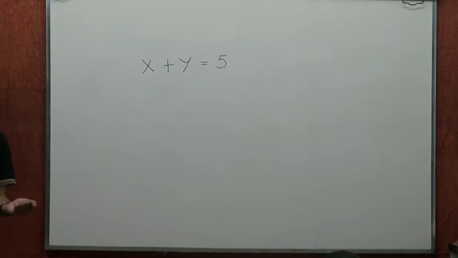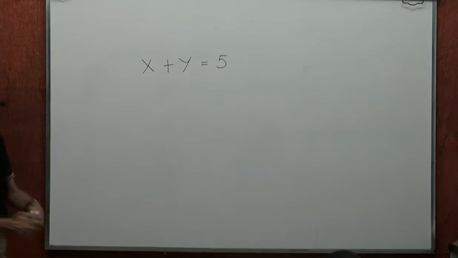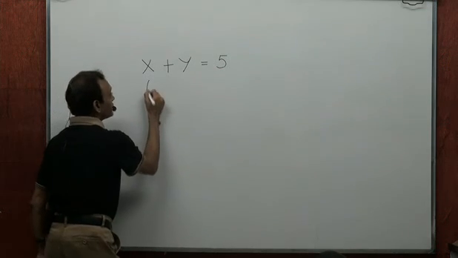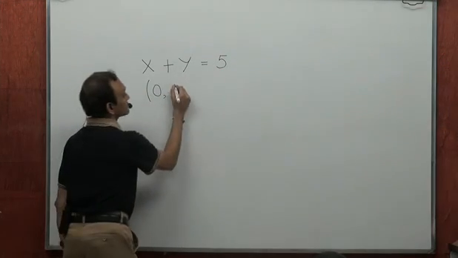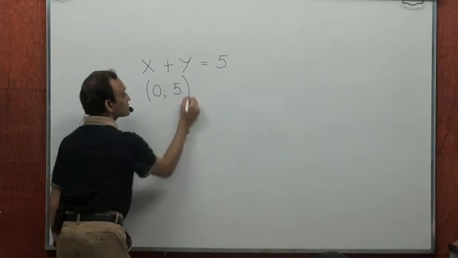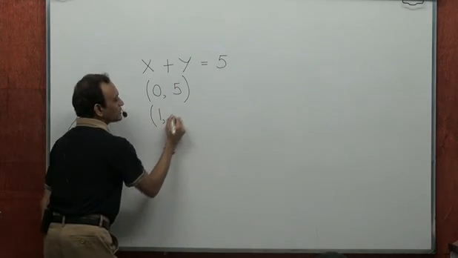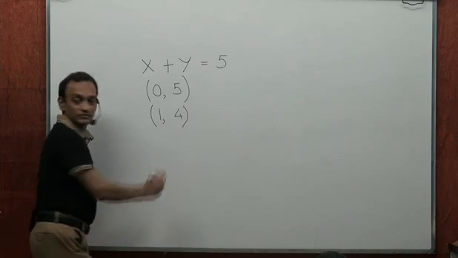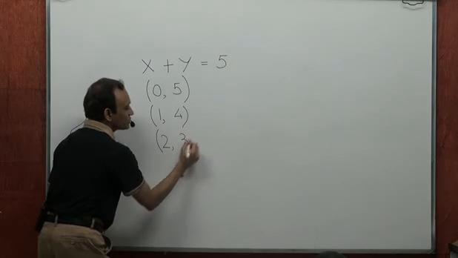You can then reduce the number of solutions to the following. You could have had x equal to 0, no monkeys, all donkeys. You could have had 1 monkey, 4 donkeys. You could have had 2 monkeys, 3 donkeys.